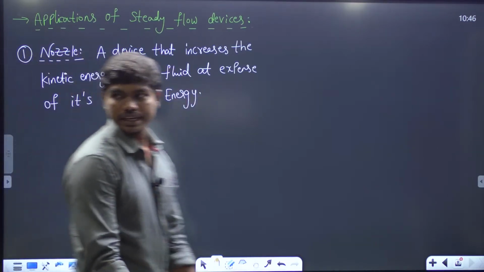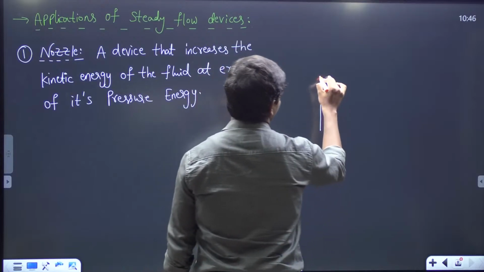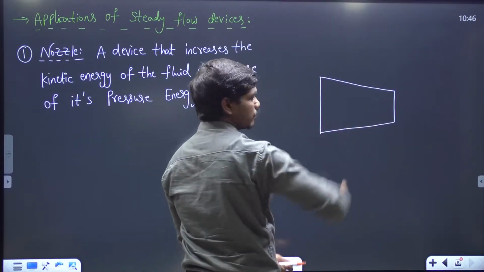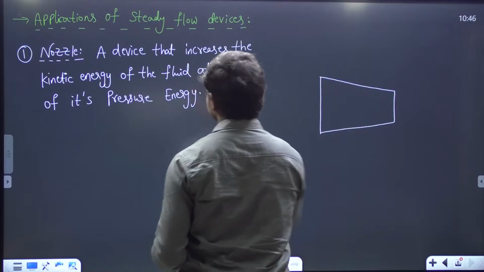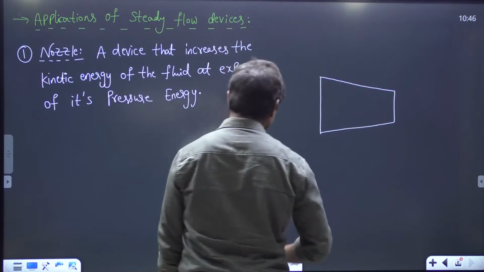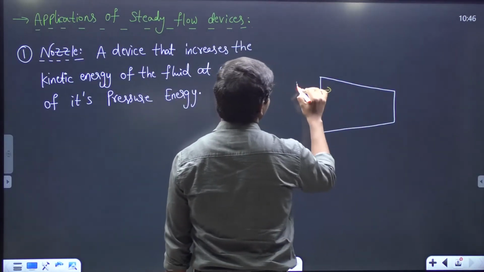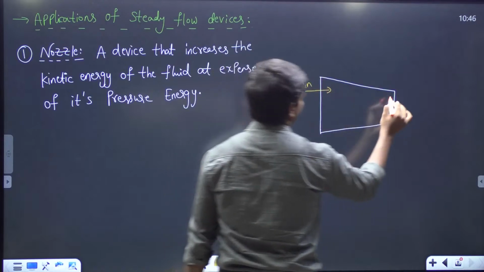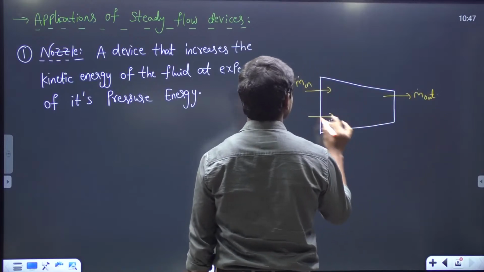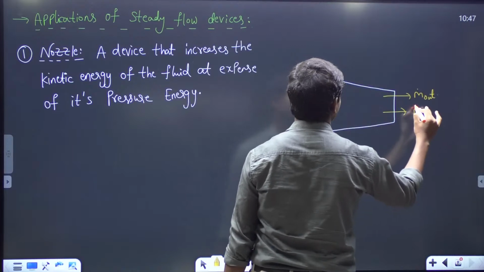See here, how does a nozzle typically look in construction? It looks something like this. Of course, you'll also see some vertical nozzles generally. If this nozzle is operating at steady state, there will be some mass inflow and some mass outflow, and some energy inflow and some energy outflow as well.